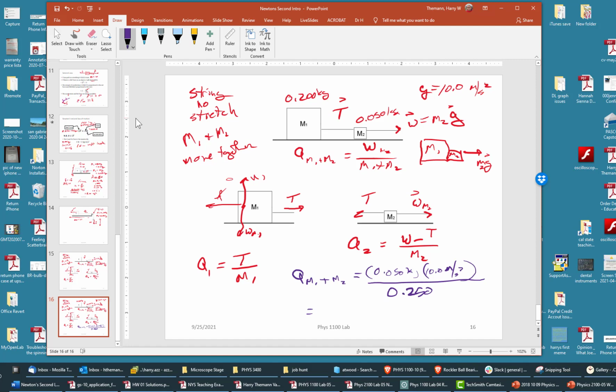And lo and behold, we're going to get 0.5 newtons, just like before. And we're still going to get 2 meters per second squared.